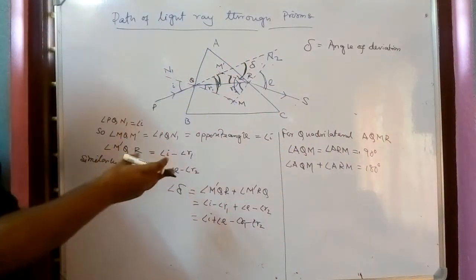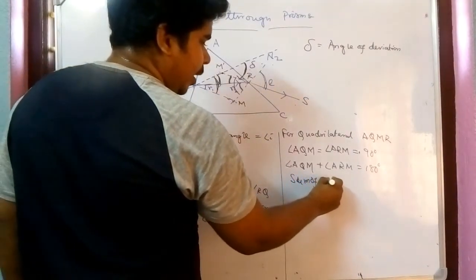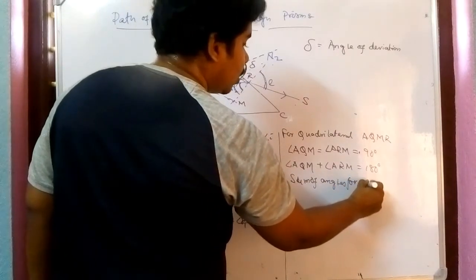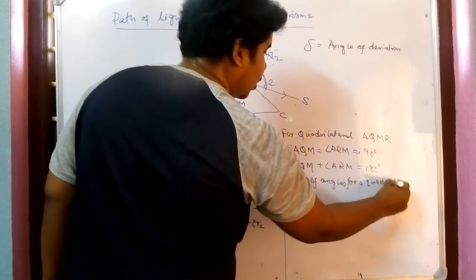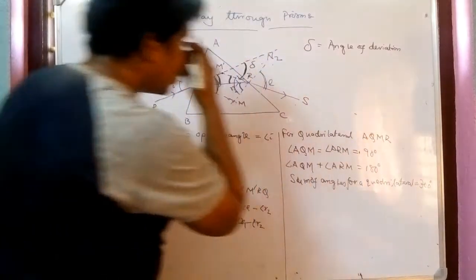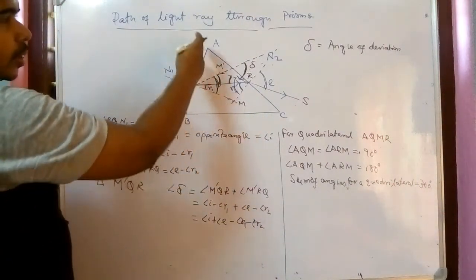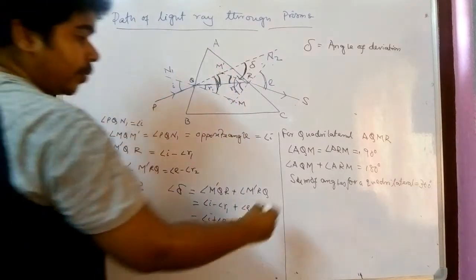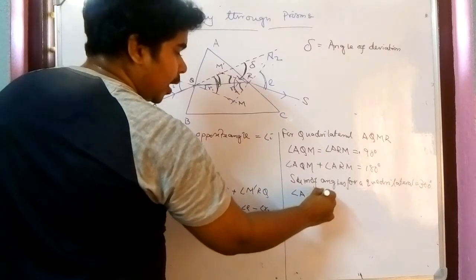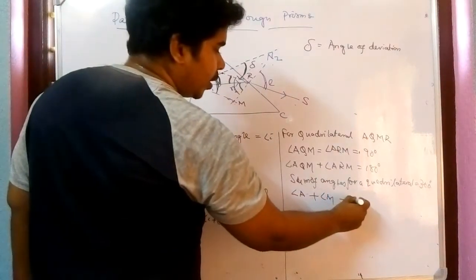And we know the sum of angles for a quadrilateral equals 360 degrees. So if these two sum to 180 degrees, these two will be equal to 180 degrees as well. That means angle A plus angle M equals 180 degrees.